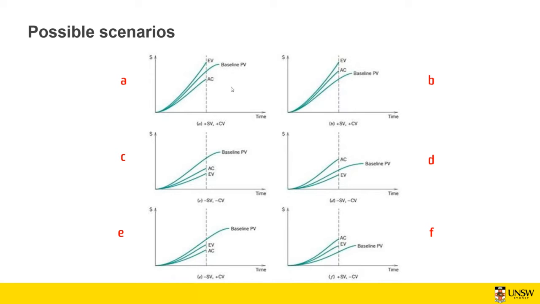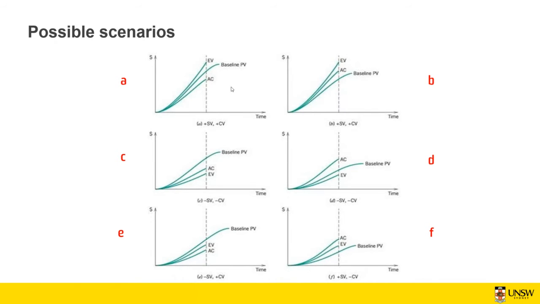The second scenario, scenario B, you can see that your earned value again is higher than your planned value. So again, you're ahead of schedule, but your actual cost is higher than your planned value, so higher than the cost that you said it was going to take in order to finish that job.